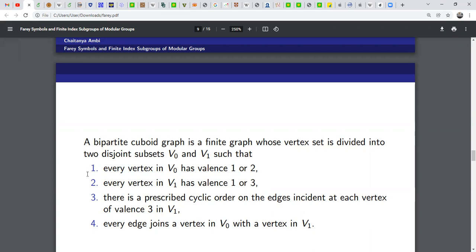These conditions precisely make it a bipartite cuboid graph.